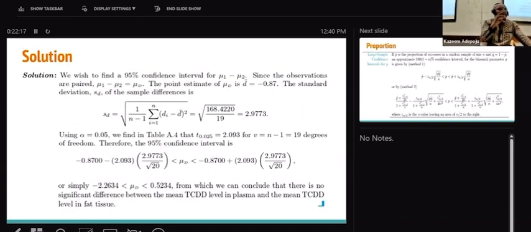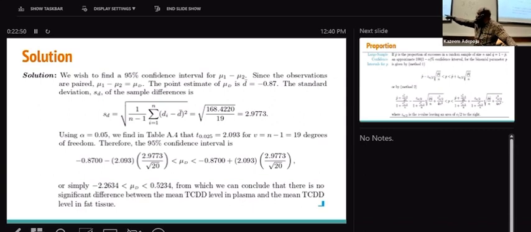Now you're going to do alpha over 2, because when you are constructing a confidence interval, you are considering two-sided, error to the left, error to the right. Then you divide alpha by 2. So 0.05 divided by 2 would be 0.025. Which means I'm going to check the T table, under the degree of freedom 19 and 0.025 level of significance, that will give me 2.093. That's what I'm going to plug in there.